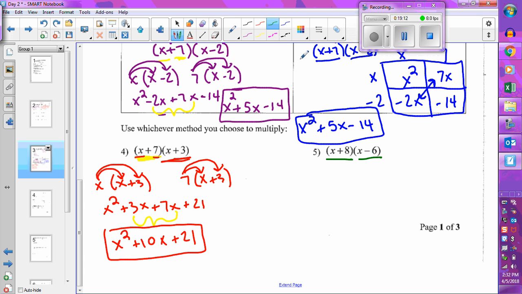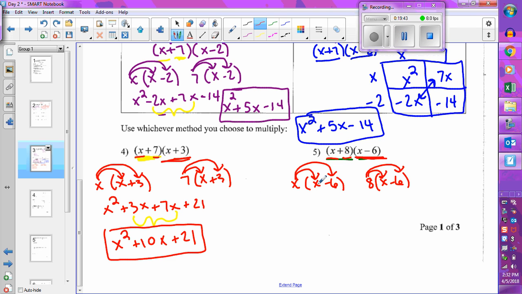So the first thing I'm going to do is take my x and distribute it to x minus 6. Then I'm going to take this positive 8, and I'm going to distribute it to x minus 6. Okay? So let me distribute that. Go along here. Wonderful.